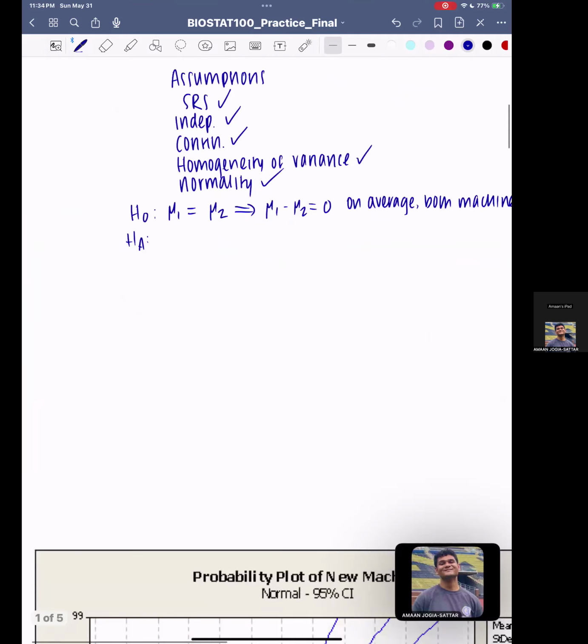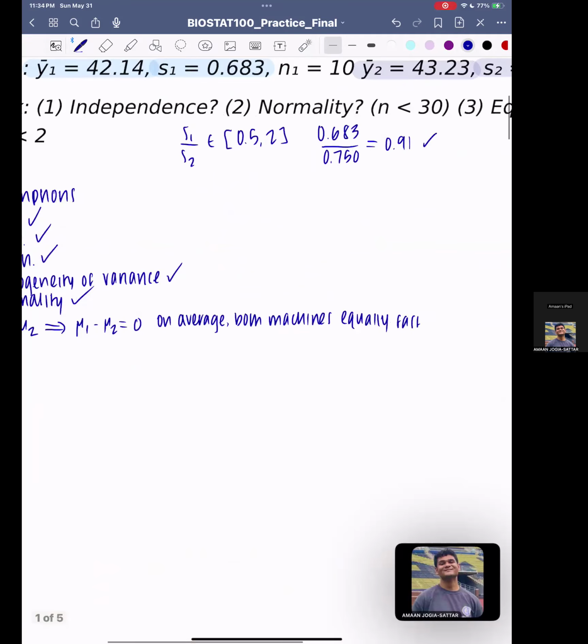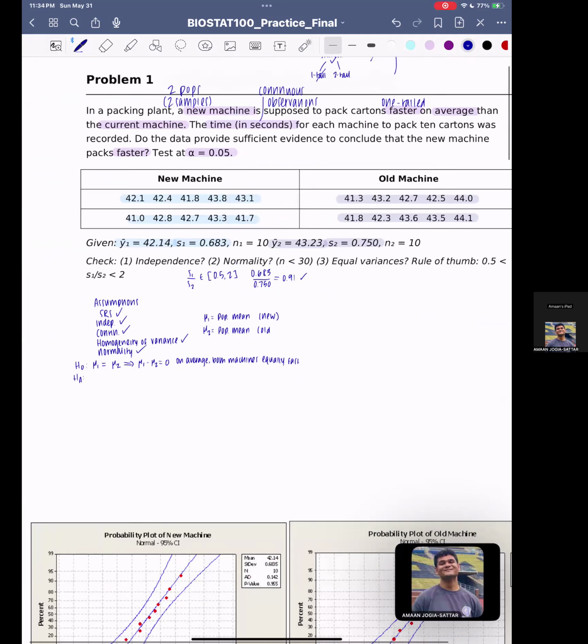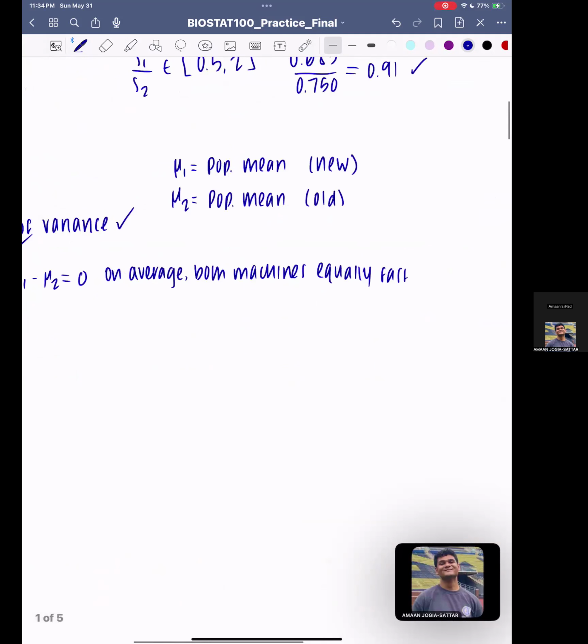And then our alternative hypothesis, this is where that word faster comes into mind. So actually, maybe it'll be helpful to say mu1 equals pop mean new, and mu2 equals pop mean old. Or is it current? No, it's old. Okay, cool.